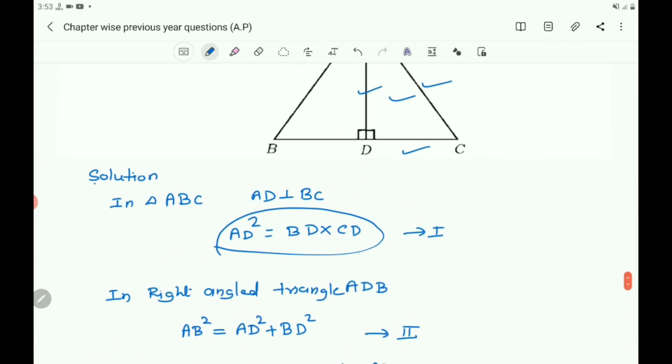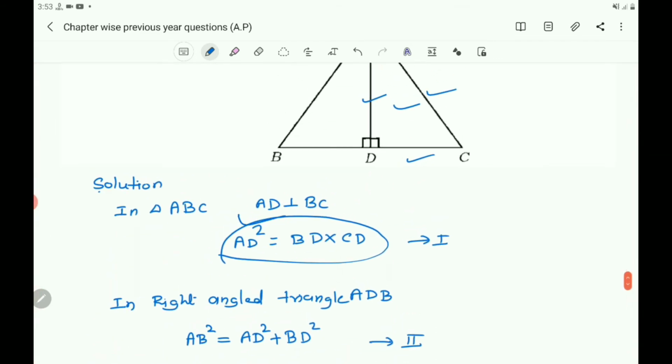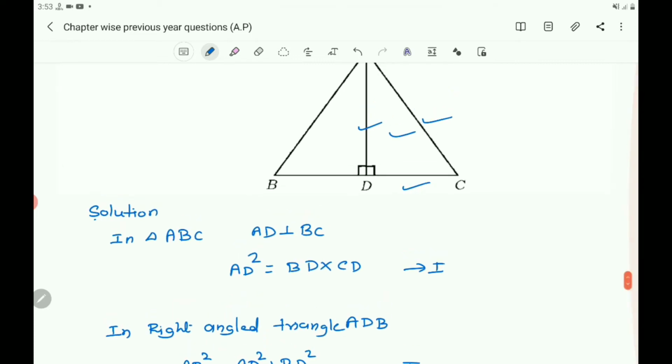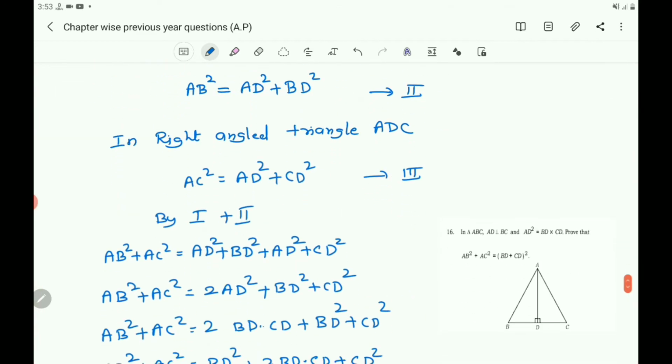Here how you got it? Here it is already given, AD square is equals to BD into CD, and by applying the Pythagoras theorem you got it. So here this is Pythagoras theorem.